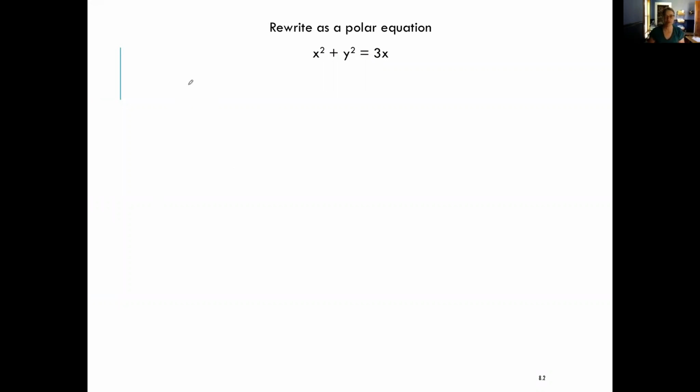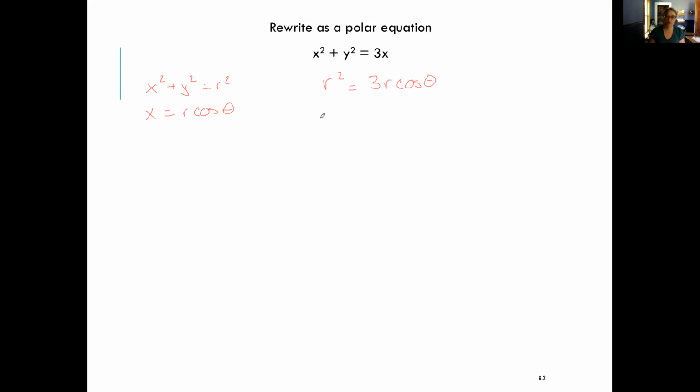And we're going to use the same relations we used earlier. We know that x squared plus y squared equals r squared, and we know that x equals r cosine theta. So let's just substitute those in, and we get r squared equals 3r cosine theta.